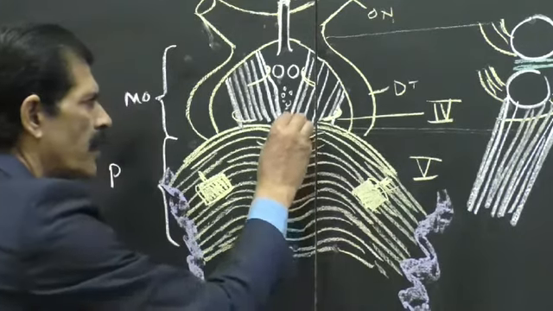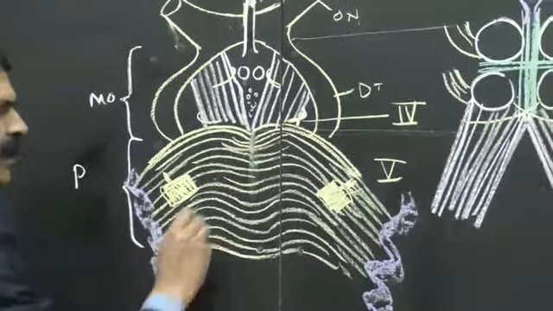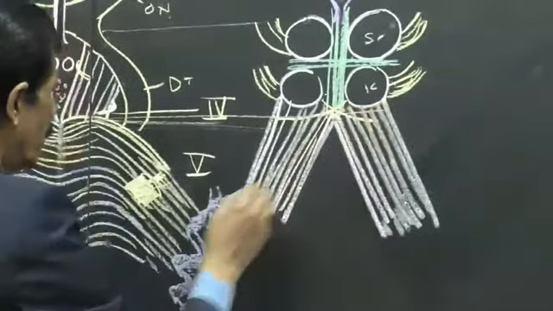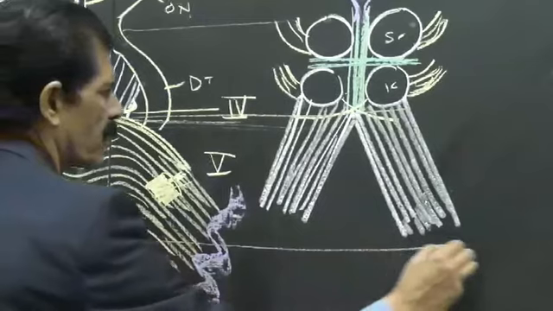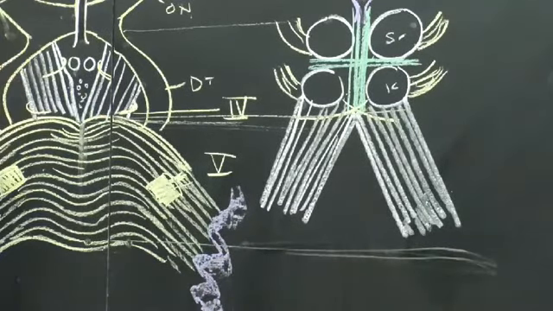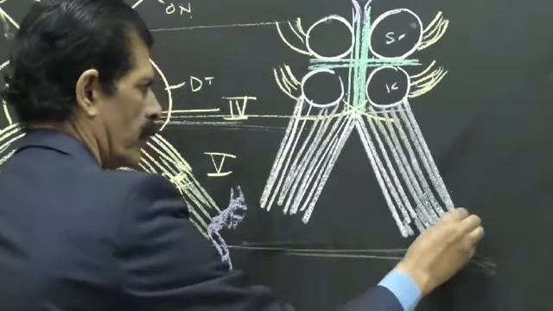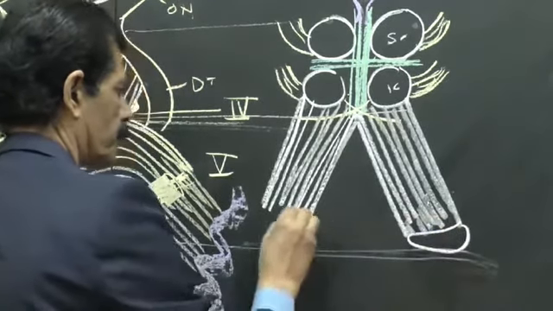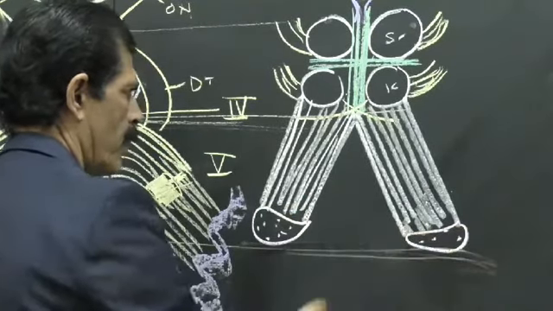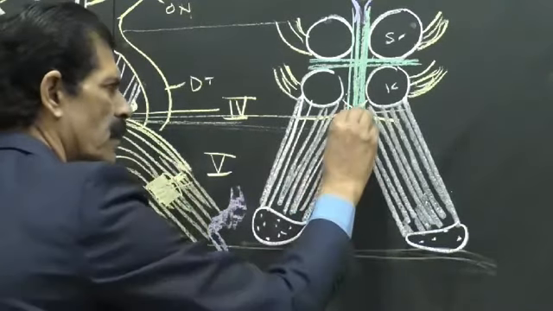So this is the start of the pons, and here the pons ends. On the same basis, here also. This is the start of the pons, this is the end of the pons, on the dorsal aspect. So what is seen on the back side of the pons?